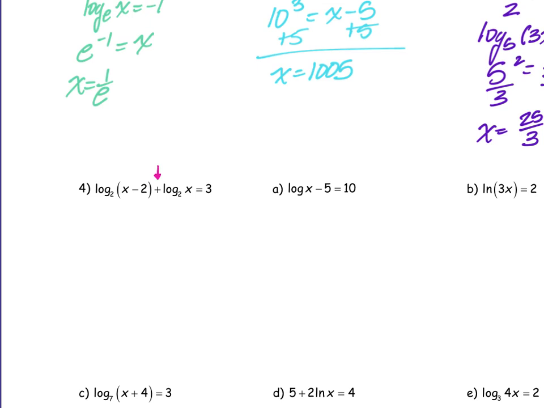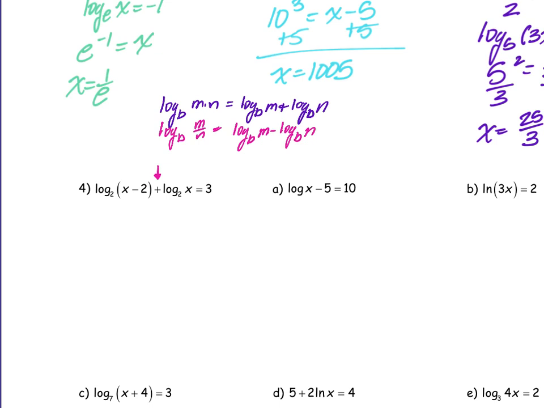So let me see if I can remember them and write them down correctly. It says if I have log base b of m times n, that equals log base b of m plus log base b of n. And then the next one would be log base b of m over n equals log base b of m minus log base b of n.